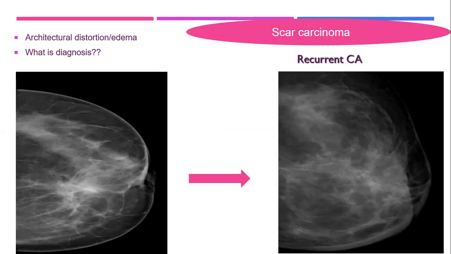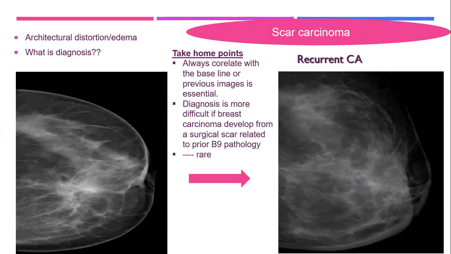This is scar carcinoma. Scar carcinoma is difficult to diagnose, and usually you need to correlate with a baseline or previous image; it is very essential to pick up the scar carcinoma. And it will be more difficult if cancer developed at the site of a scar due to previous benign pathology.